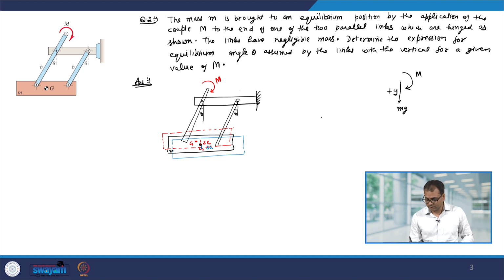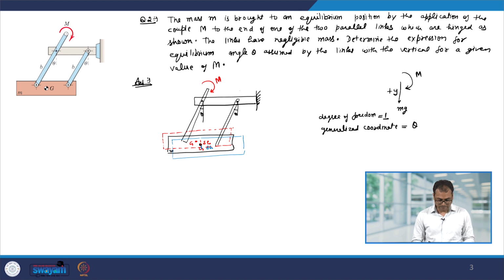So, first of all, the degree of freedom is 1, generalized coordinate is theta here, because with this theta I can find out the position of the bar.